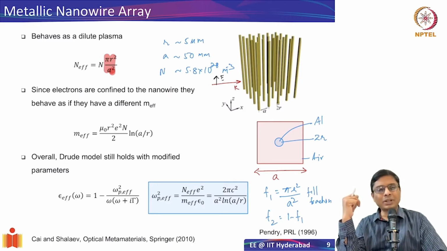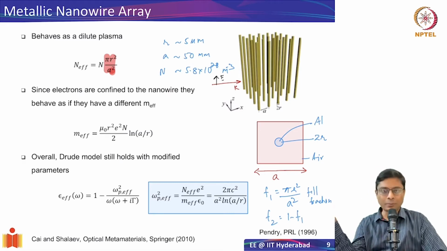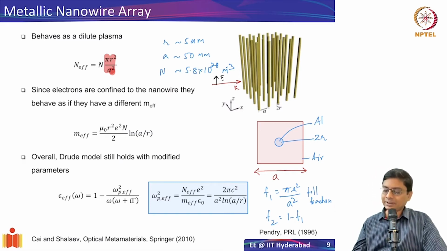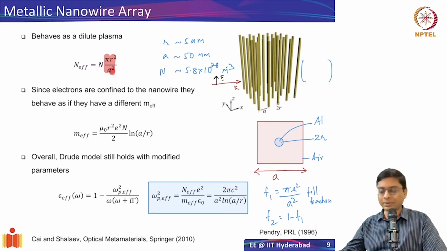You might ask, how are you defining this? Because it's clearly anisotropic, right? The electronic response in the Z direction is going to be different from the XY directions. That is true. So whatever I am calling here, if you have to define the electronic response of this, you will have to write a tensor. The permittivity is no longer a number, but a tensor of the form epsilon xy, and epsilon z.